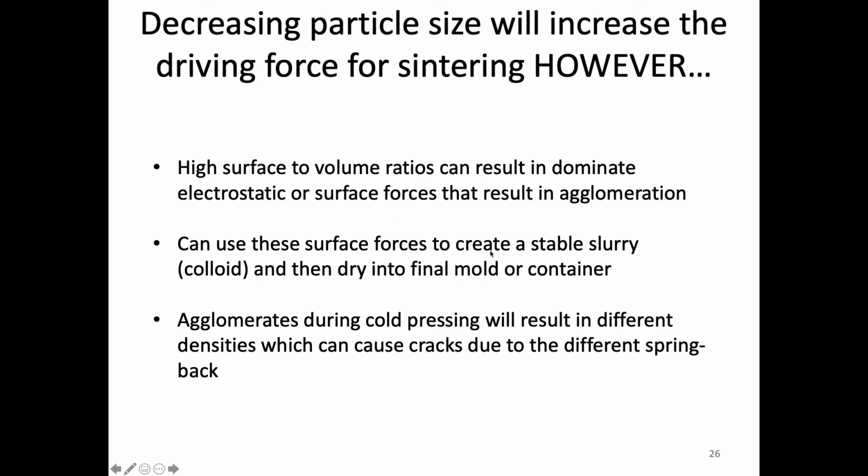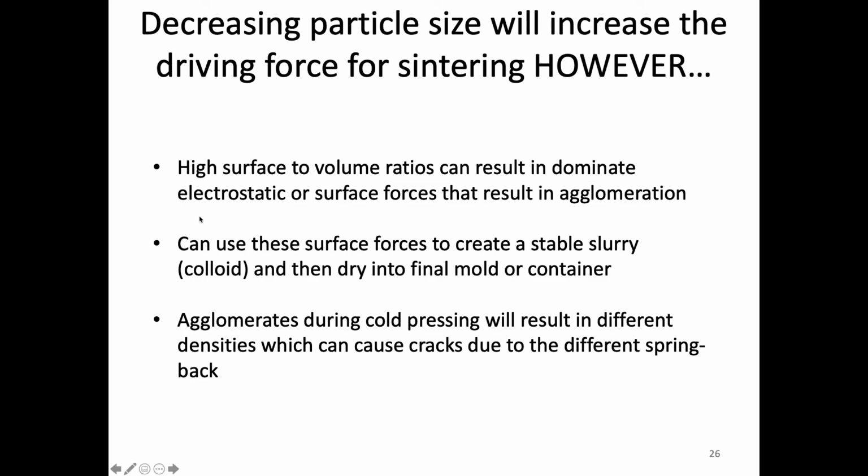However, those same surface forces, very small particles can make forming stable slurries, or another word for that would be colloid. You might see that term. It can make these slurries very stable because they're so small they don't separate out and fall to the bottom like we saw in sedimentation. And so making slurries, for example, through slip casting, can be enhanced by using nanoparticles.